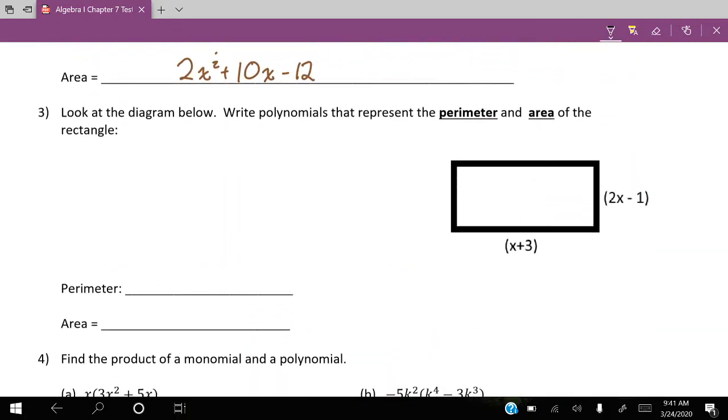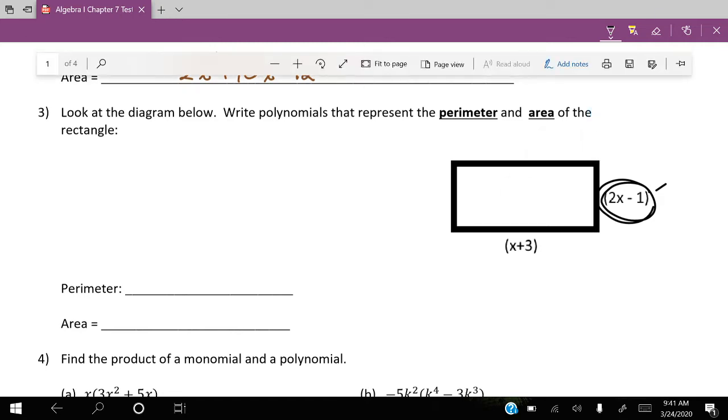First things first, we need to identify the length. I'm going to say the length is 2x minus 1. So that is the length. The width is x plus 3. So let's go ahead and say the perimeter is going to be 2 times the length plus 2 times the width.